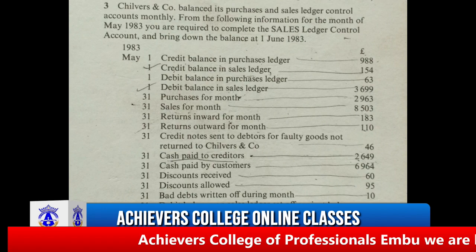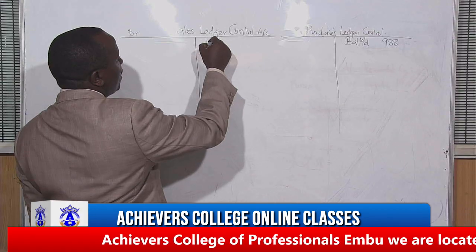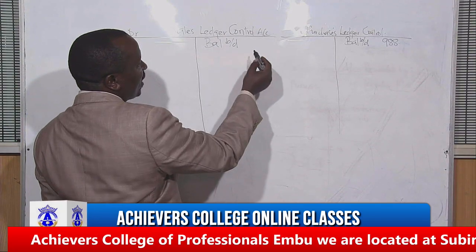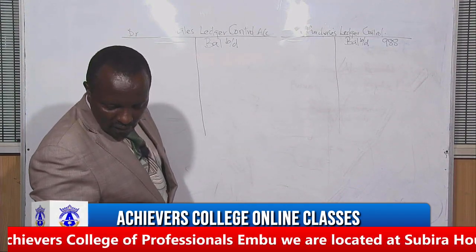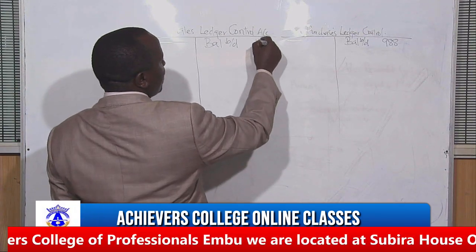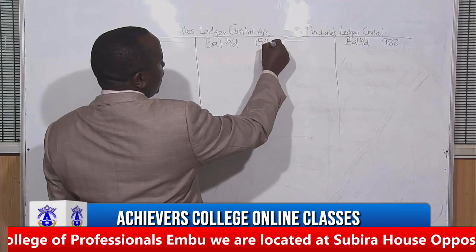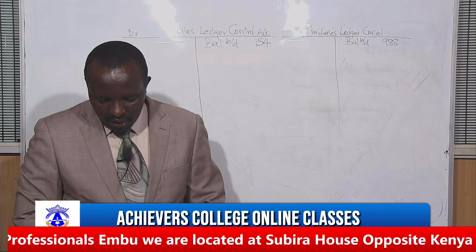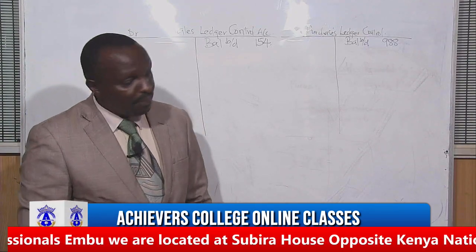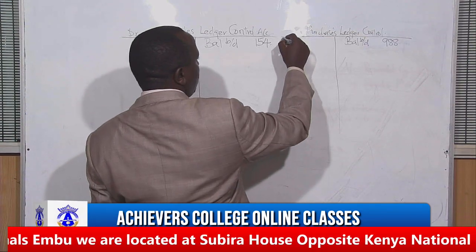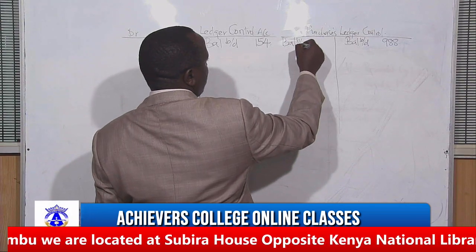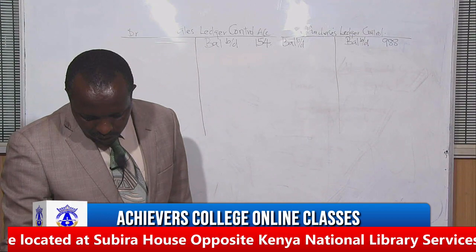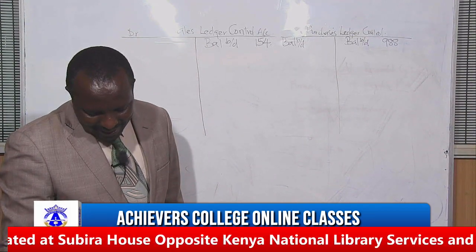Then credit balances in the sales ledger, which is an abnormal balance. This one is an abnormal balance of 154. Then debit balance in the purchases ledger, which is an abnormal balance brought down in the purchases ledger, which should be 63.